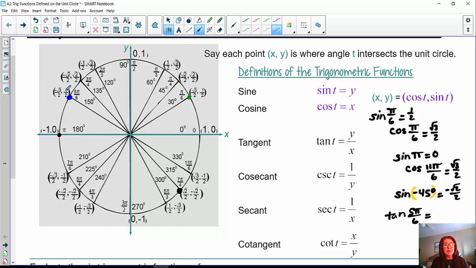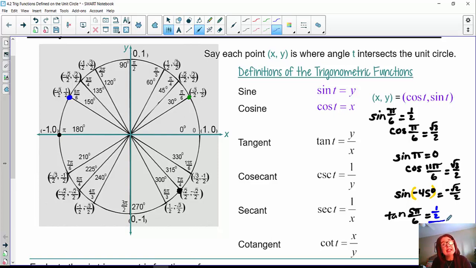So I take the y value of that ordered pair, which is 1/2, divided by the x value of that ordered pair, which is negative square root of 3 over 2. Now, here we go with having to rationalize fractions and radicals. Very annoying, but must be done.